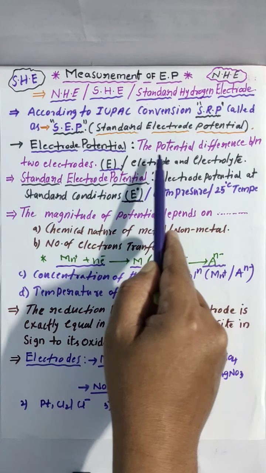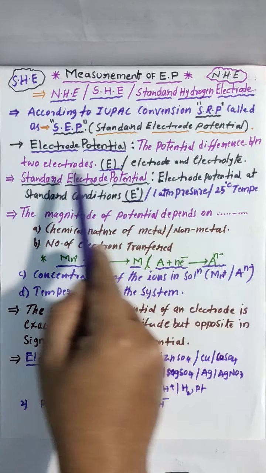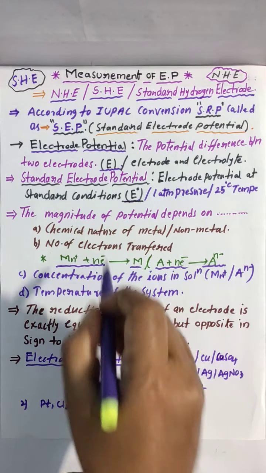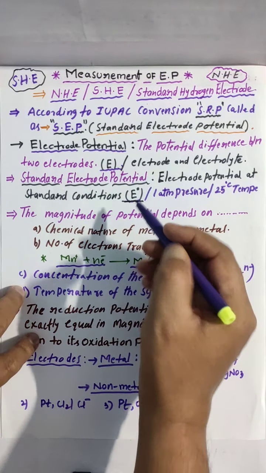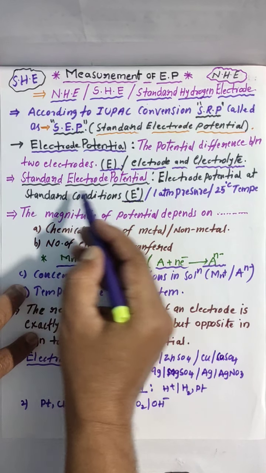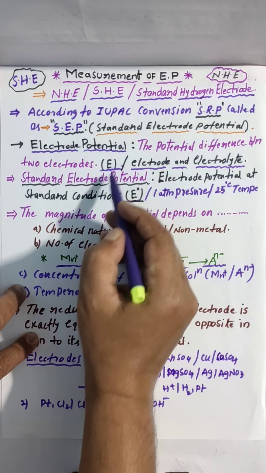You learned in the previous video: the potential difference between two electrodes, anode and cathode, or we can say the potential difference between the electrode and electrolyte. This electrode potential we depict with capital E.